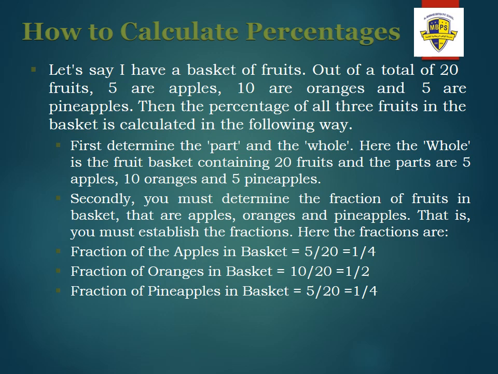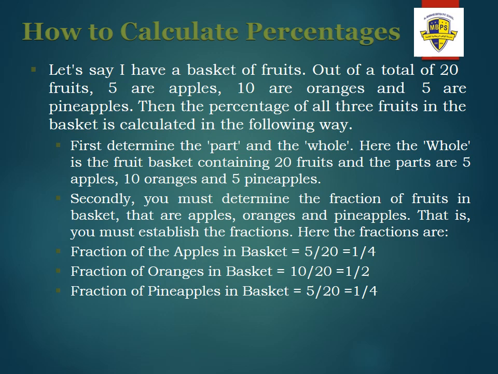How do we change 5 out of 20 to a quarter? Yes, by simplifying the fraction. Remember in Unit 7 how to simplify a fraction? Yes, by dividing both the numerator and denominator by the same number. Here we divide the numerator and denominator by 5. We get 1 out of 4.